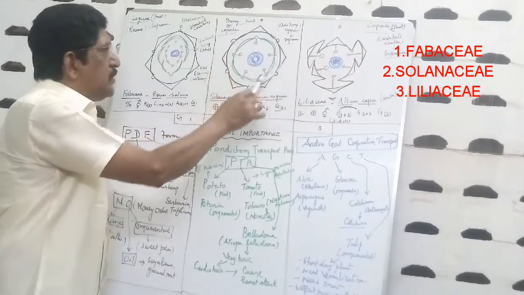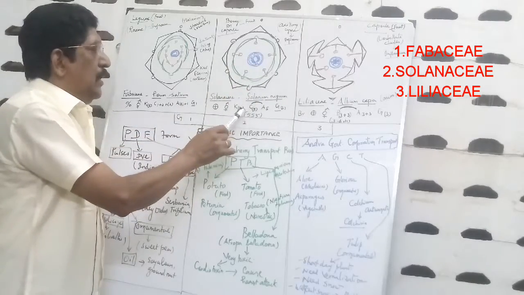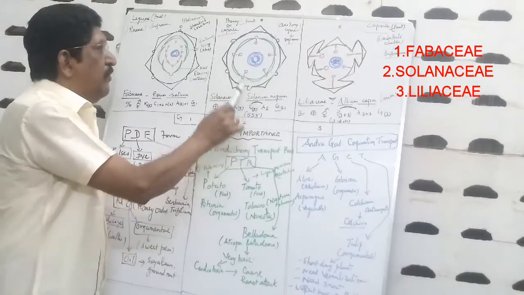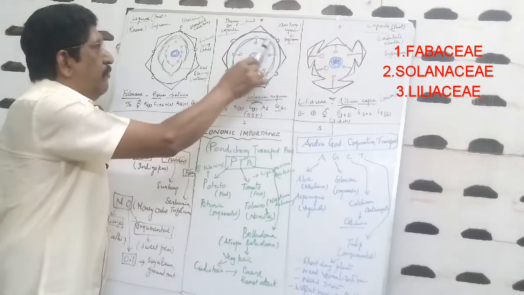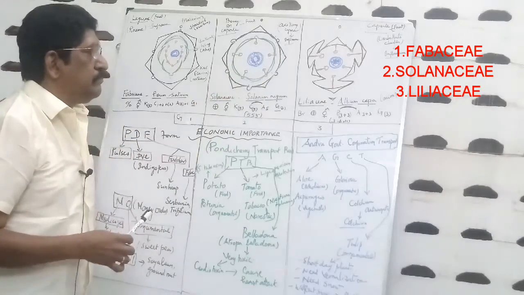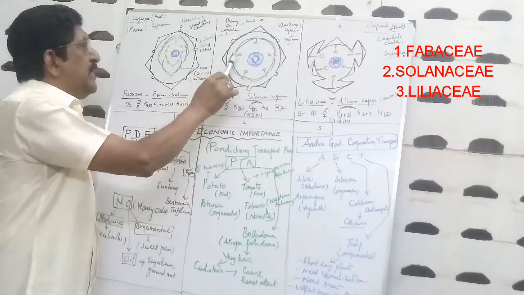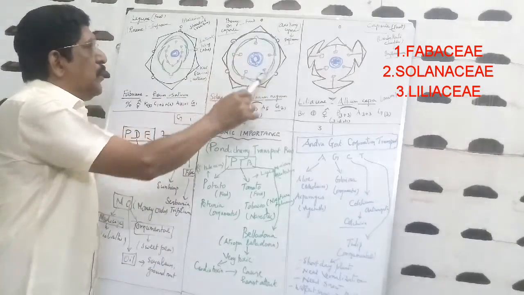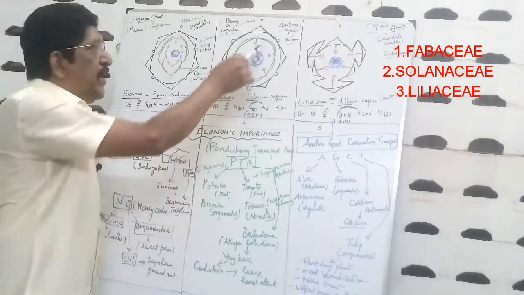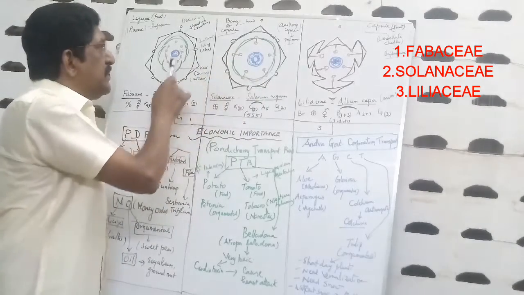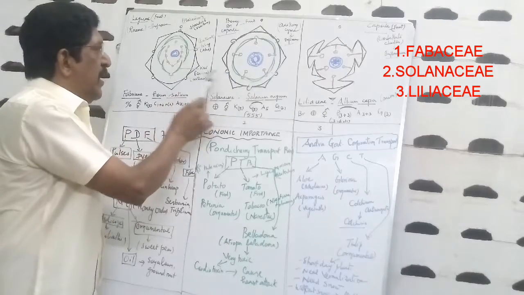Then coming to Solanaceae, you get corolla, 5 petals. In Fabaceae the petals are free, whereas in Solanaceae the petals are united. Aestivation is valvate. Sepals, in both the families, valvate.